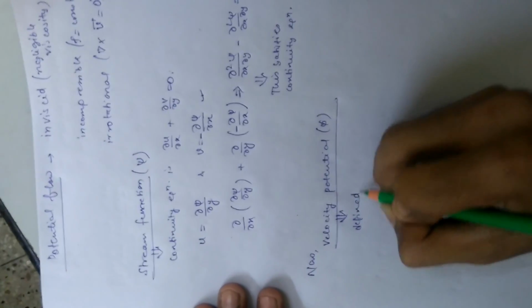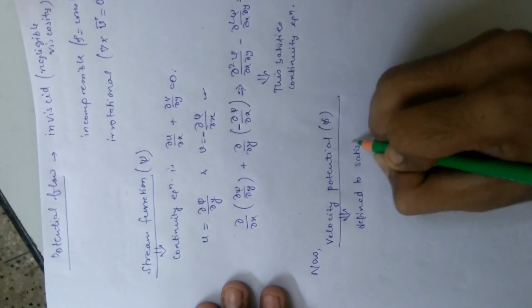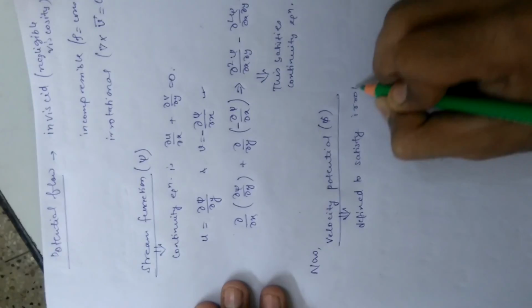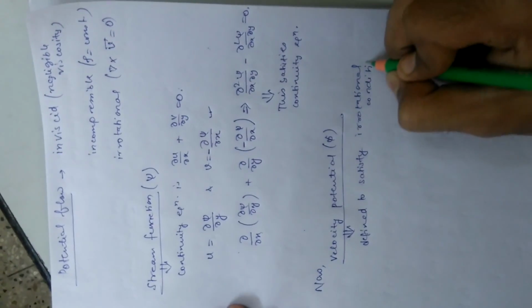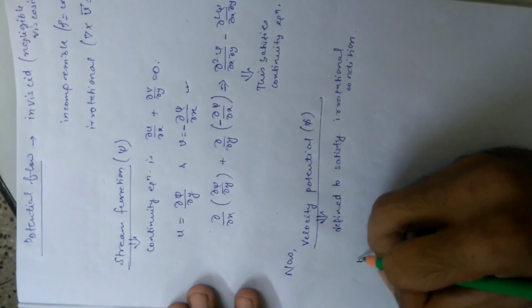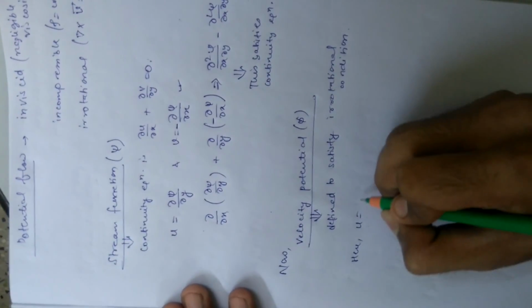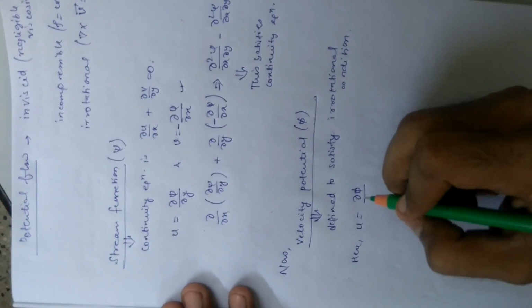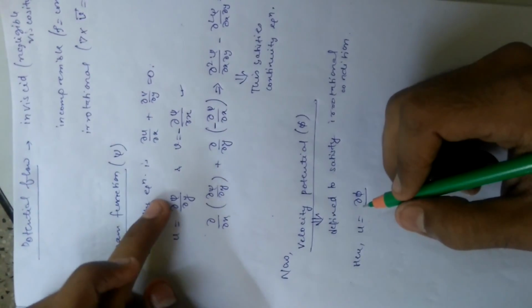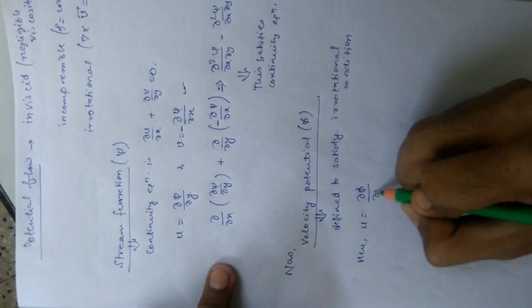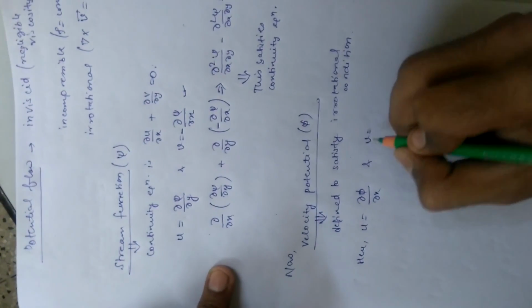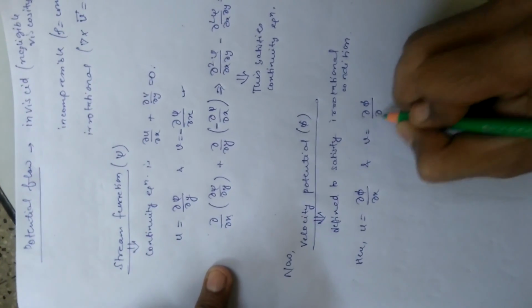Here, like we had u equals del psi by del y, now we'll have u equals del phi by del x and v equals del phi upon del y.